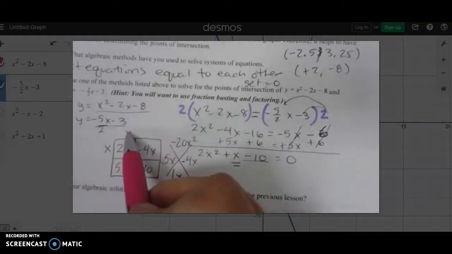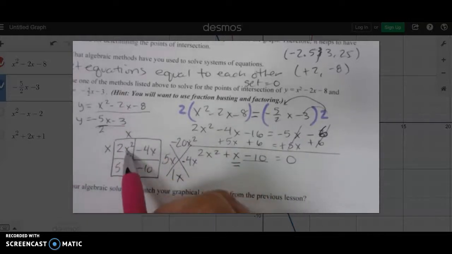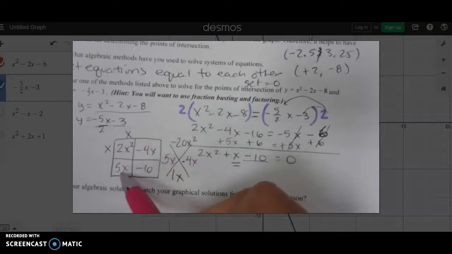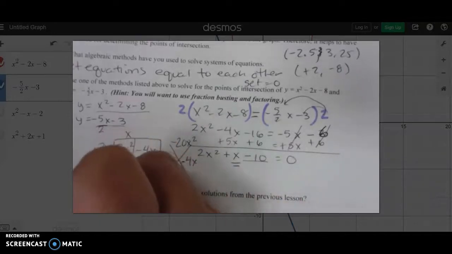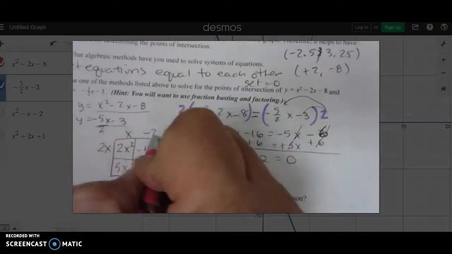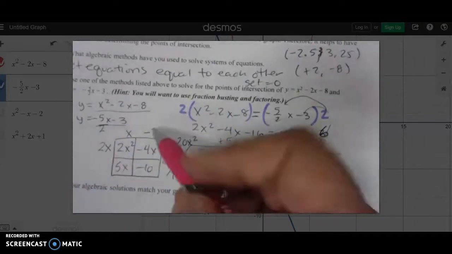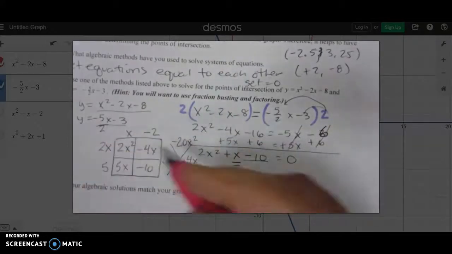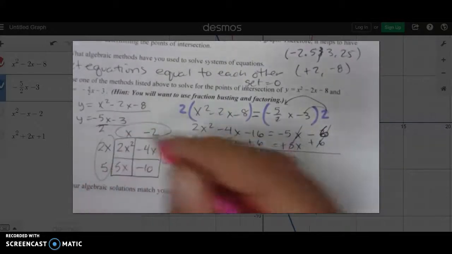X times x is only x squared. I need a 2. So if I put the 2 here, 2 times what makes 5, that's not an easy number to come up with. But over here, 2 times what makes negative 4, that's a negative 2. And then negative 2 times what makes negative 10, how about a 5? And now here are my factored terms right here.